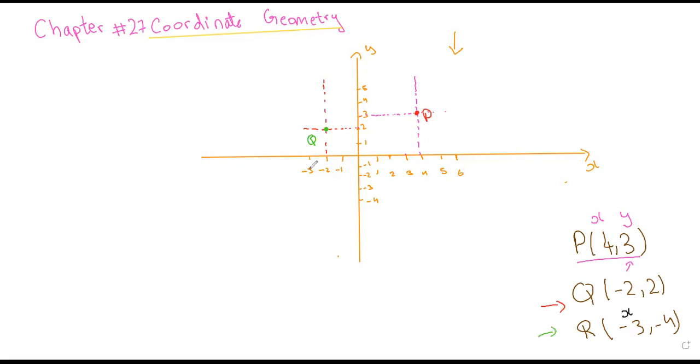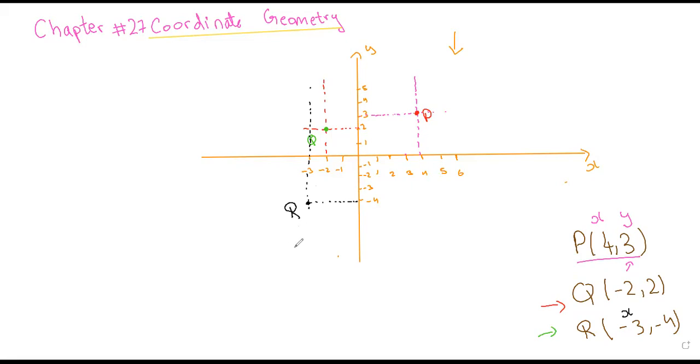So I'll make a dotted line. It could be over here, it could be over there, anywhere, I'm not sure. Let's see. And the Y coordinate is -4. So what does that mean? It means that this is the line. So this would be the point. And this is R, okay?